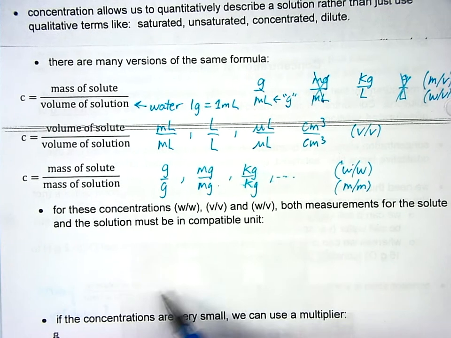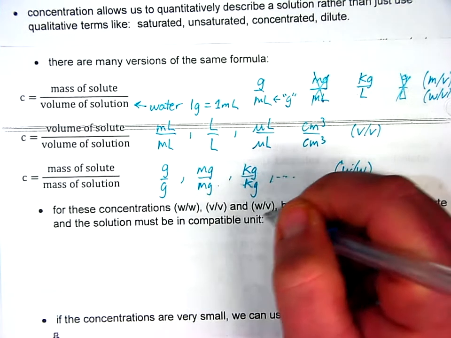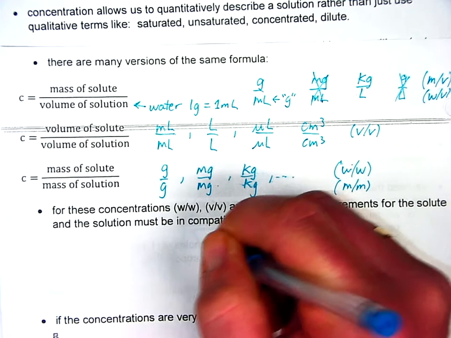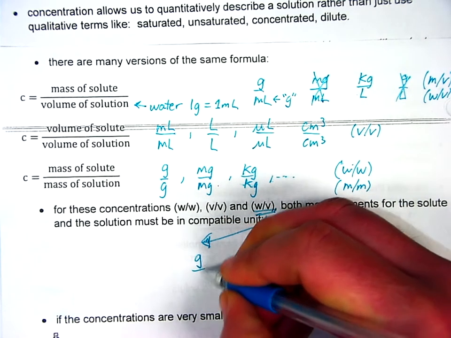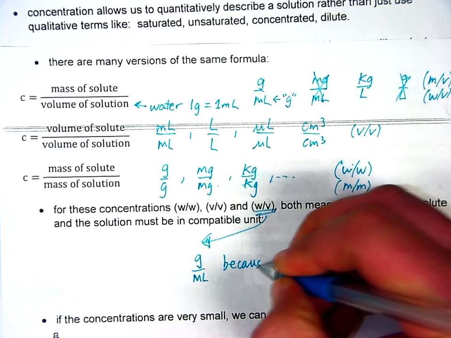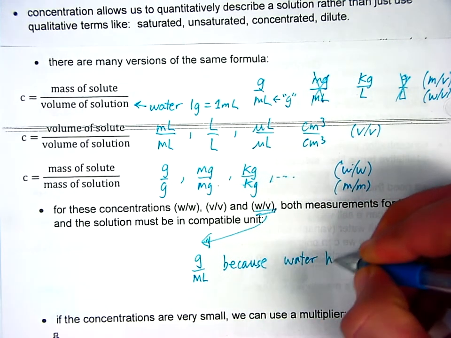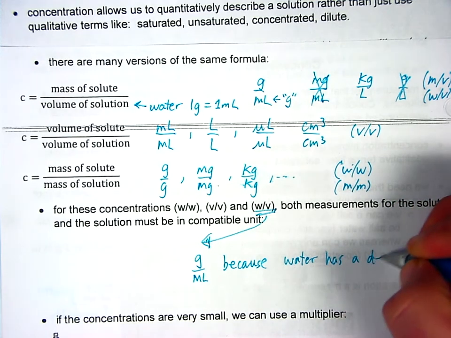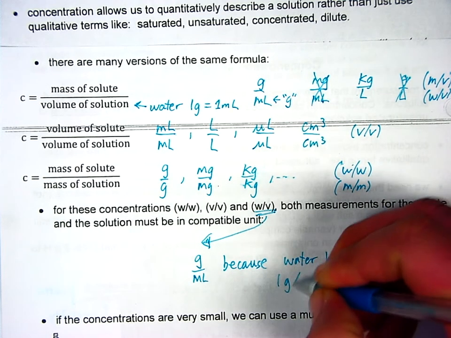And this is just giving us a little bit more space to talk about how we have a compatible unit. This is the only one we really have to worry about. Grams to milliliters, because water has a density of 1 gram per milliliter.